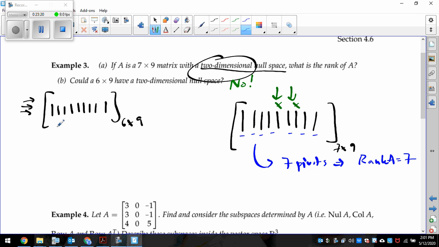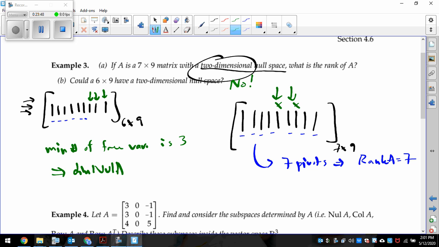That means that a maximum of 6 of these columns can be pivot columns. You can't have any more pivots than you do rows because you run out of rows at some point. So that means that 3 of these are going to be free variables, which means a minimum number of free variables is 3, which implies the nullity, or the dimension of null A, is going to be greater than or equal to 3.